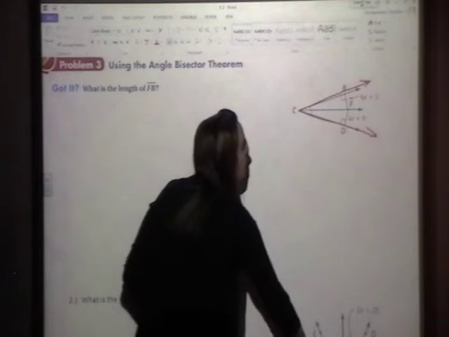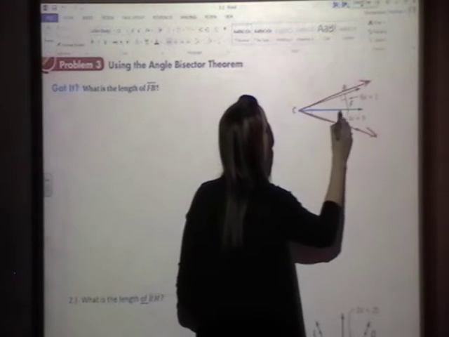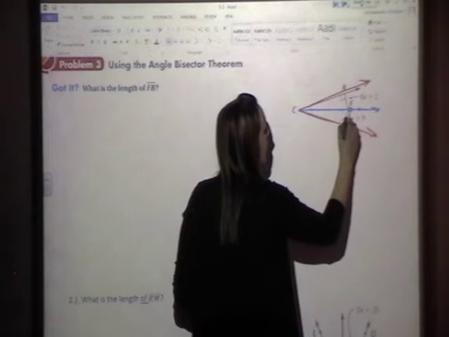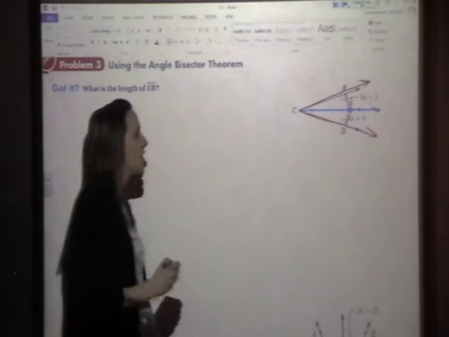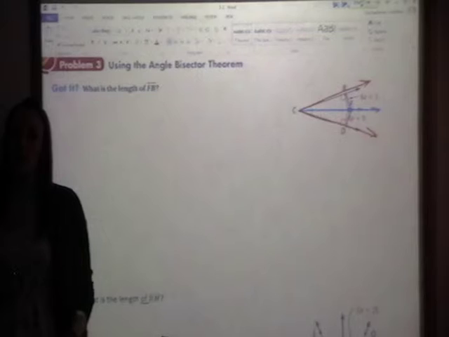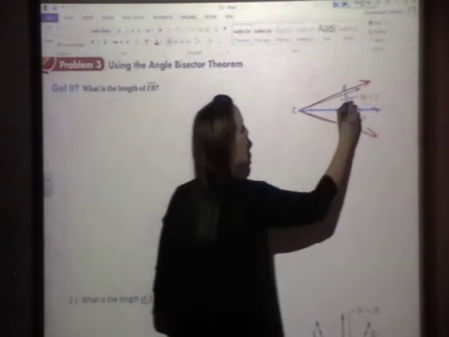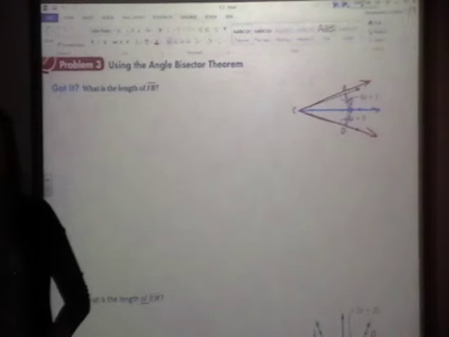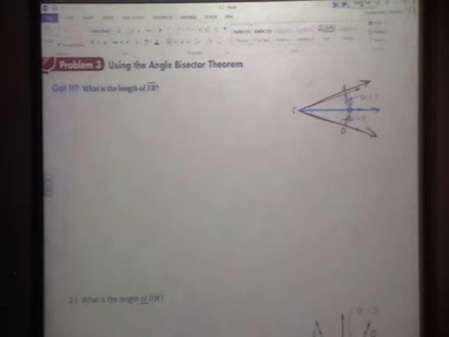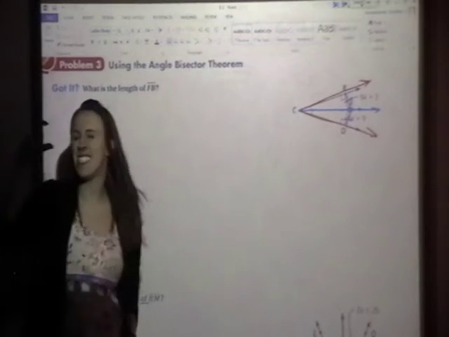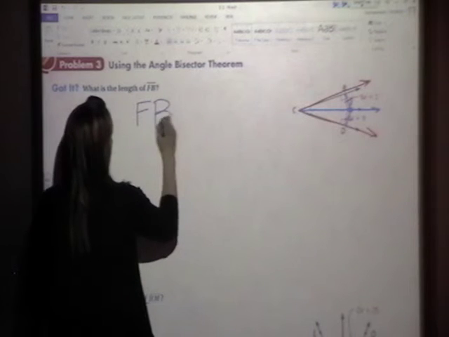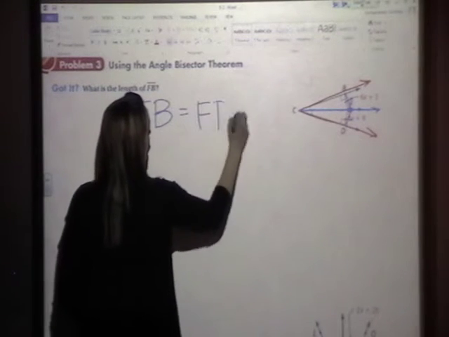We have our angle bisector, which is CF, and F is our point on our angle bisector. We know that the lengths from our point on the angle bisector to the sides of our original angle are equidistant. So what are our two lengths that are equal? Don't give me the expression, give me the segment names. FB and FD. Perfect.